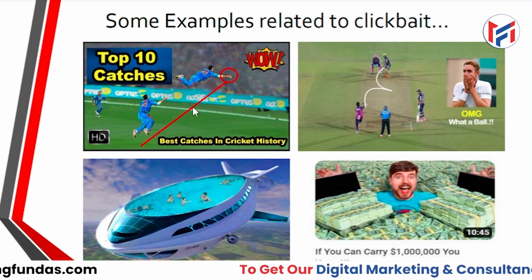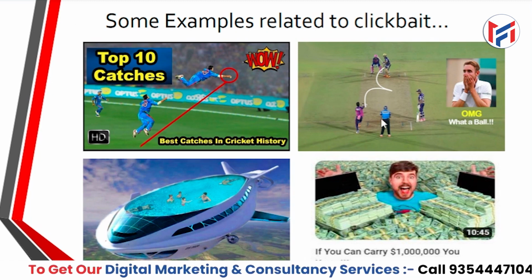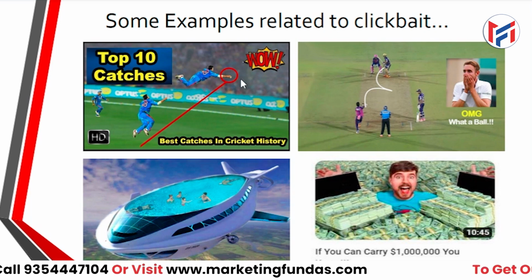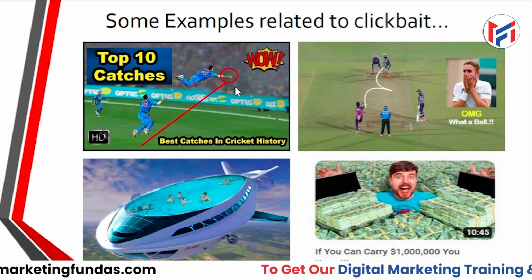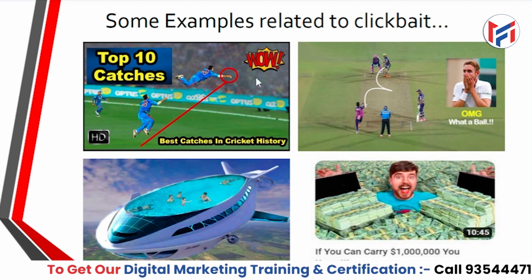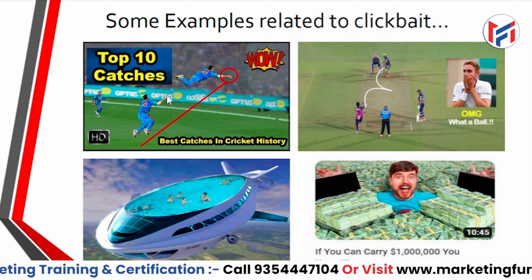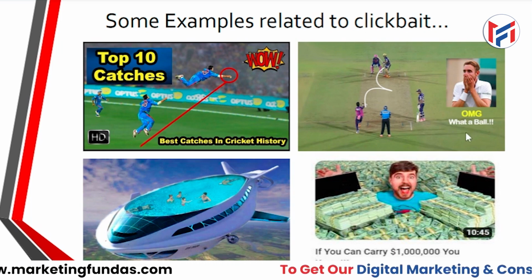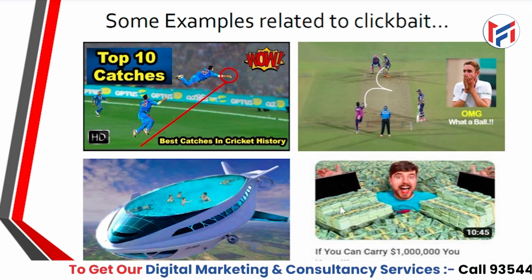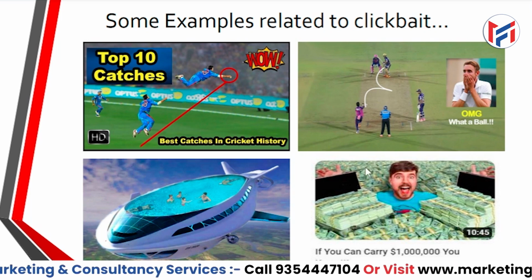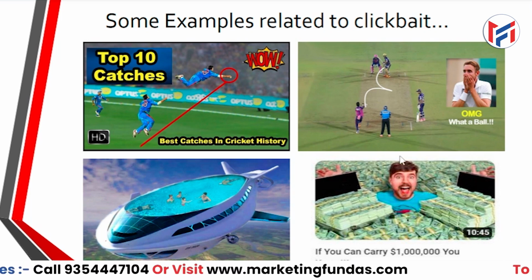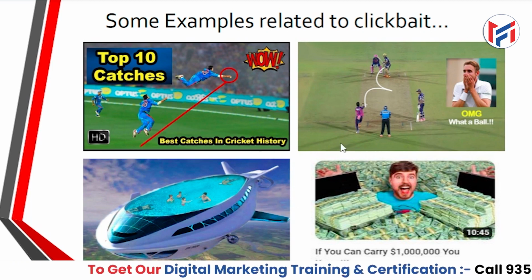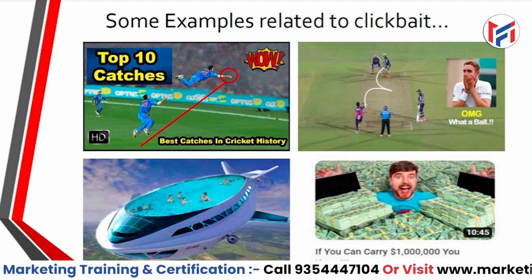But still, the respective YouTuber has created a thumbnail like this so that it can generate some curiosity, like really, do people catch balls like this, and in curiosity the audience will click on this video. Same like this, OMG what a ball, then this, just a person diving into the money, right? So these are some good examples of clickbaity thumbnails.